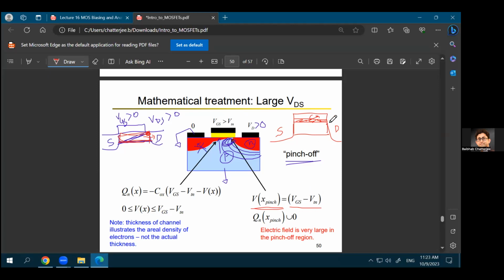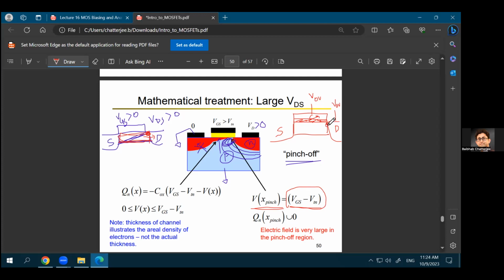Because of the application of that VGS minus VT, you created some concentration of electrons below the gate. Now, if you apply the same voltage at the drain, so let's call it that you have applied a V overdrive voltage at the gate. If you apply the same overdrive voltage at the drain, what will happen?